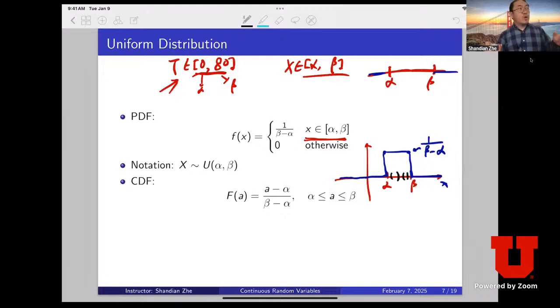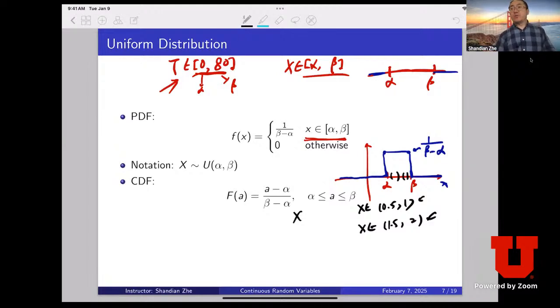As long as these two intervals are of the same length, then the probability should be the same. For example, this might be 0.5 and 1, and the other range might be 1.5 and 2. So if your x follows this uniform distribution, that basically means the probability that x is within this range is the same as the probability within this range.